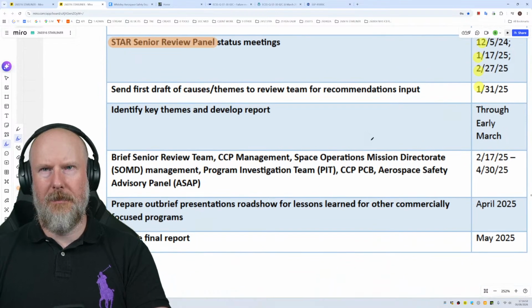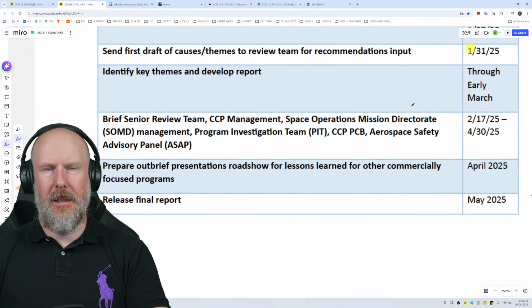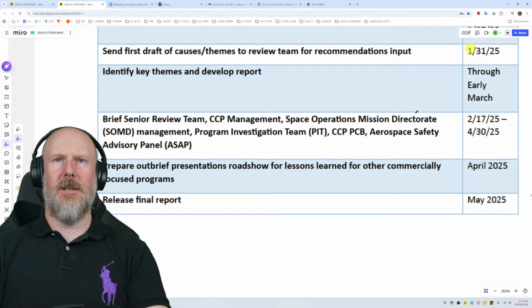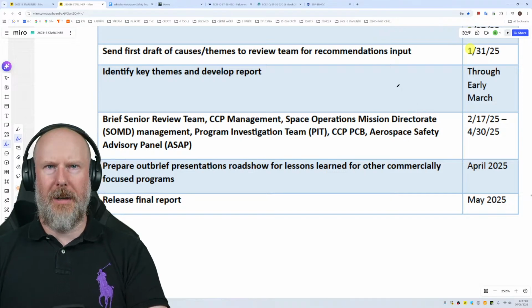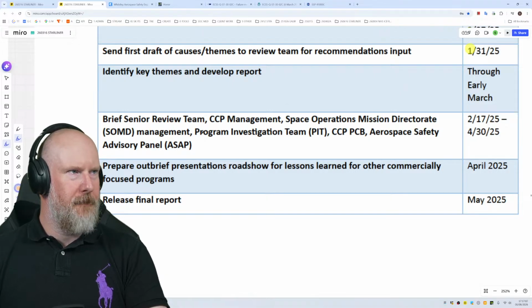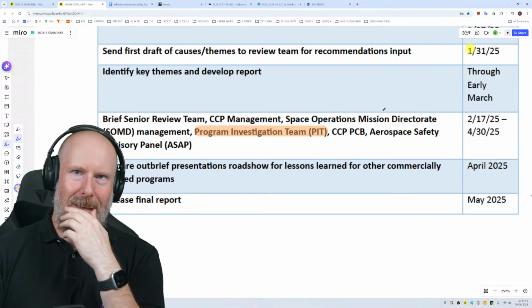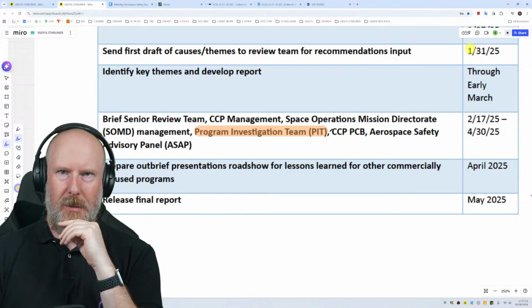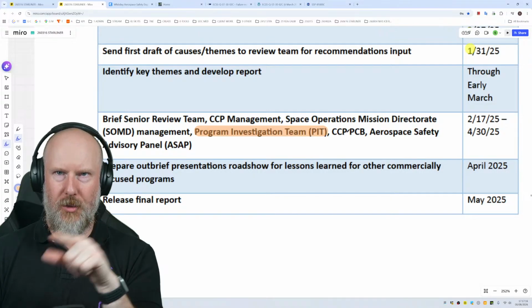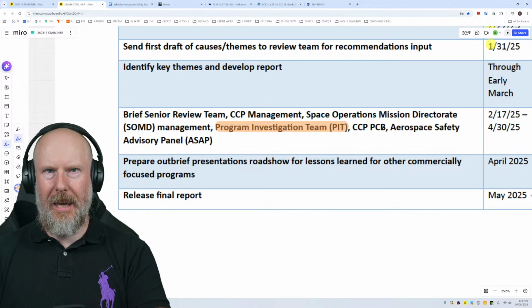Identify key themes and develop report through early March, presumably 2025. Brief senior review team, CCP management, Space Operations Mission Directorate management, program investigation team. So they're the team that did the main bulk of this report. CCP PCB, so Crew Commercial Program Control Board. Aerospace Safety Advisory Panel, the ASAP.